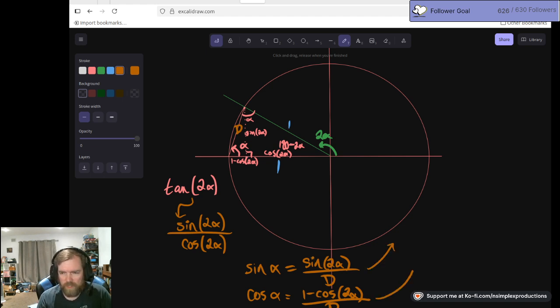So when we correctly modify this, should bring over the other stuff, solve for sine and cosine of 2 alpha, in theory.